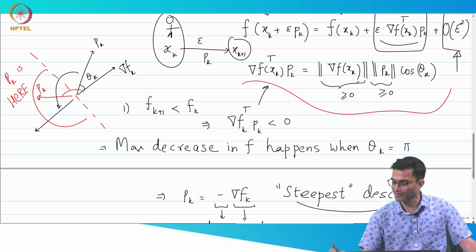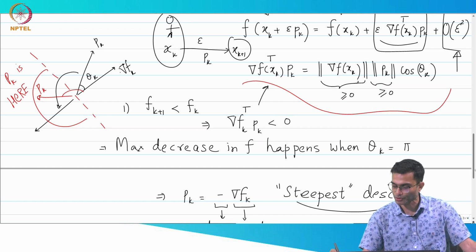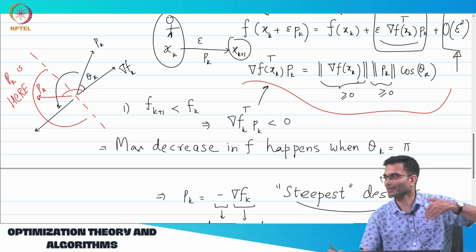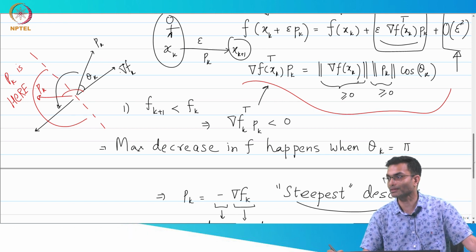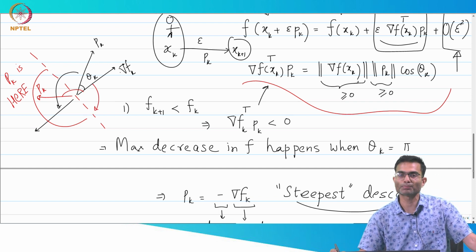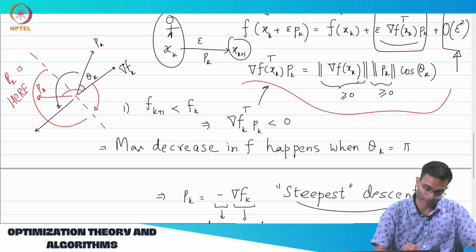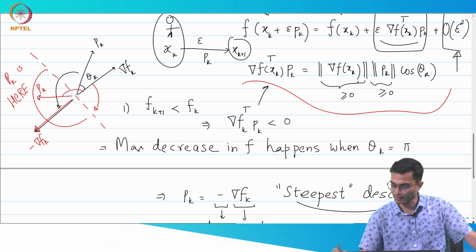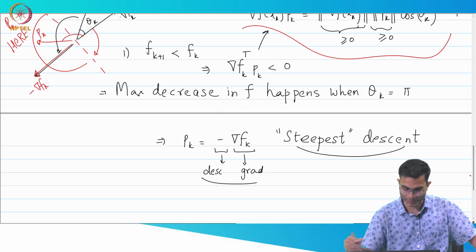So this gives us a little bit more breathing room to say that, okay, I can choose this theta k to be any angle greater than minus 90 and less than 90, right? I can also go from here, right? The simpler way of saying it is, if this direction is minus grad fk, let's write it down now, it's quite straightforward.